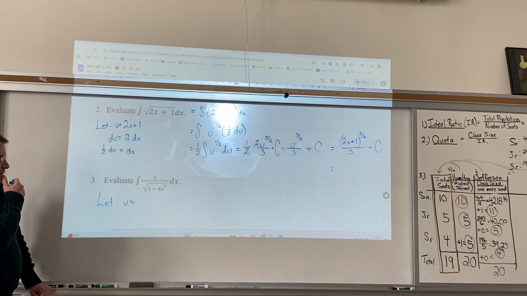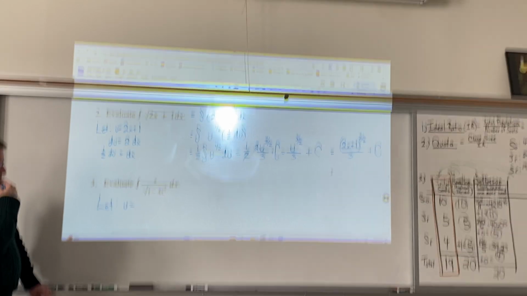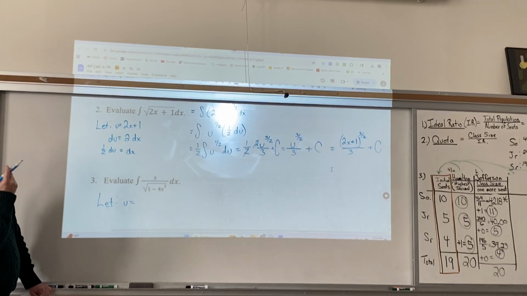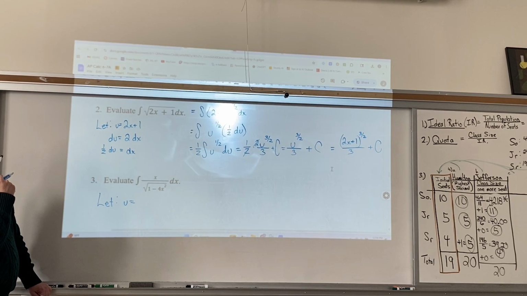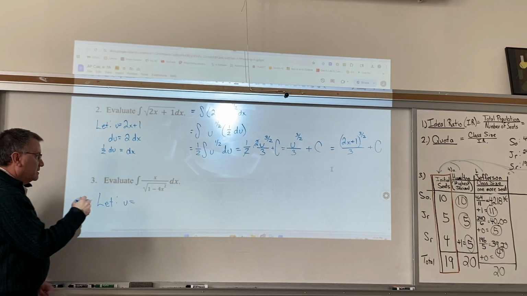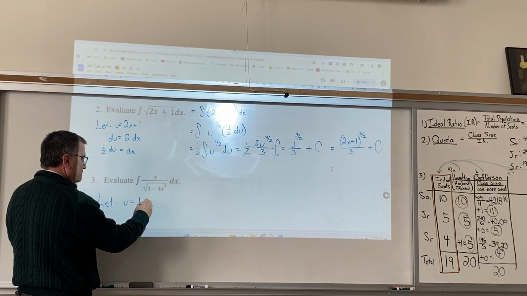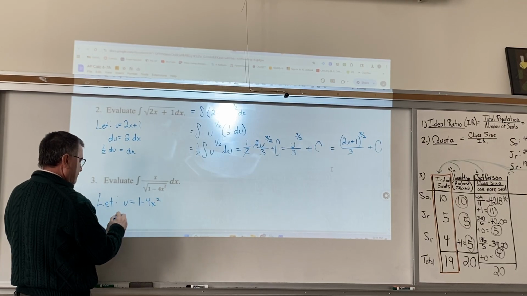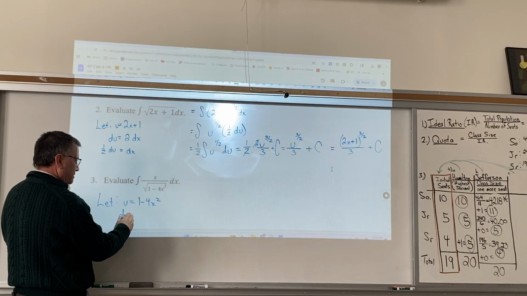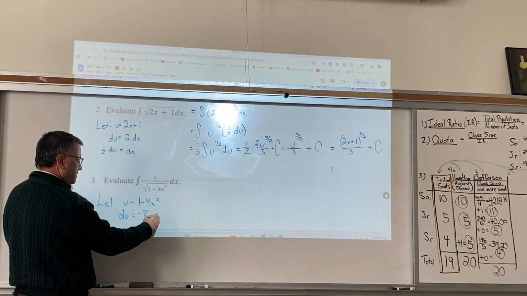Is there something I can plug into u that when I take the derivative, I see its derivative or at least part of it? Probably the more complicated part. Try this one, 1 minus 4x squared. If I do that, then du is going to be negative 8x dx.